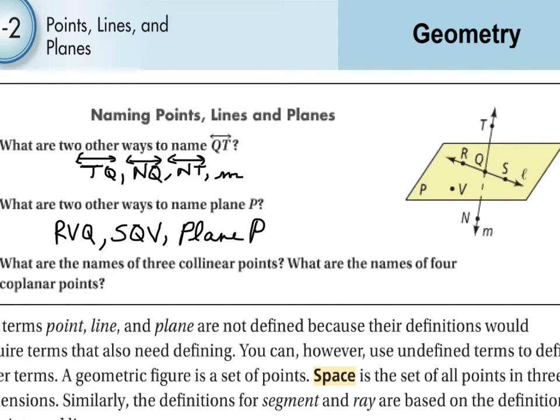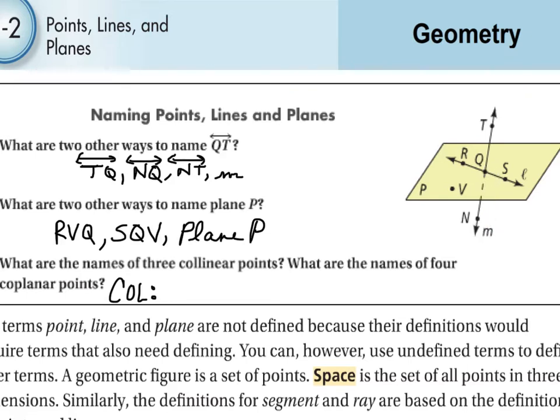Okay. Third question says, what are the names of the 3 collinear points? Collinear means 3 points that are on the same line. Well, if you look here on your picture, 3 points that are on the same line are R, Q, and S. Or you could also say T, Q, and N. Either way.